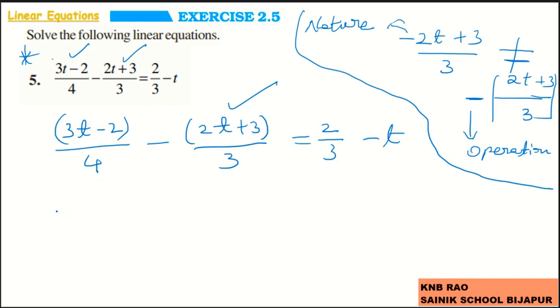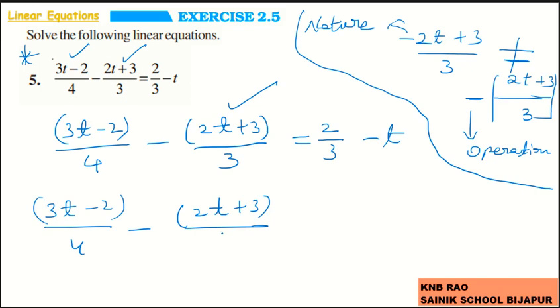Now children, I am doing the way I have taught you already, taking all the variable terms to one side, here minus t is also a variable term. If it comes, it becomes plus t equals 2 upon 3.